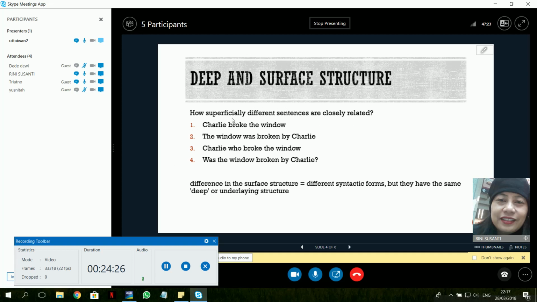Sebenarnya formnya, susunan kalimatnya itu berbeda-beda, tapi sebenarnya intinya sama. Intinya adalah Charlie broke the window. Tapi bisa dibuat kalimat the window was broken by Charlie. Or Charlie who broke the window. Or was the window broken by Charlie? The main point is Charlie broke the window.